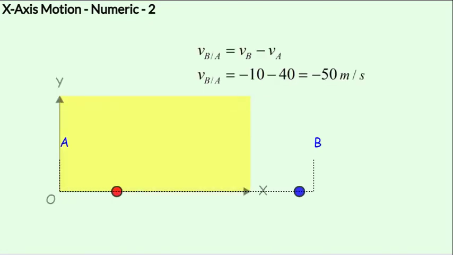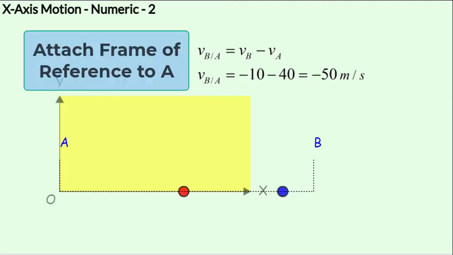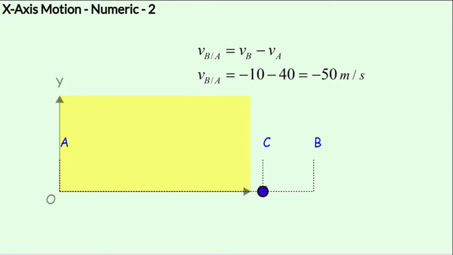As a first step, we need to attach the frame of reference to one of the objects, and let's select A. Now A moves from the ground frame of reference at 40 meters per second, but from A's own frame of reference, we will consider A to be at rest, and we will have to obtain the displacements and velocities of B with respect to A. Here the velocity of B with respect to A will be Vb minus Va, which is minus 50 meters per second.